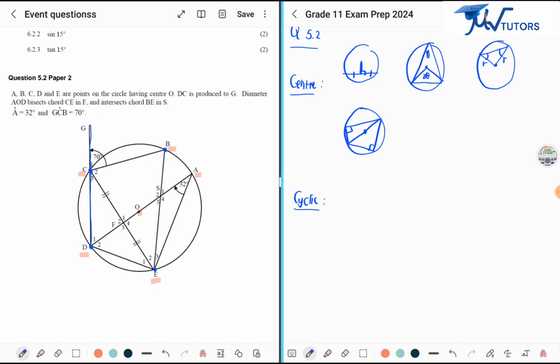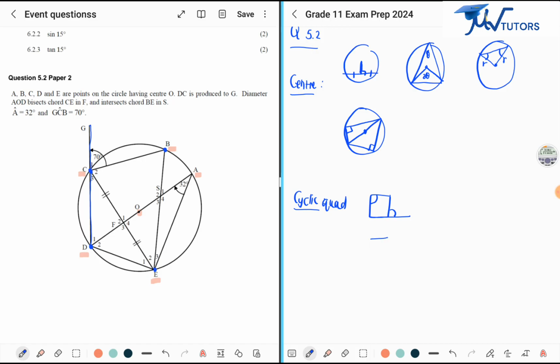So when I think of a cyclic quad, for it to be a cyclic quad, you need all corners of the quadrilateral to be on the circumference. If they are not on a circumference, it is not a cyclic quad. Okay, good. When I think cyclic quad, 3 things come to mind. Firstly, an external angle of a cyclic quad is equal to the interior opposite angle.